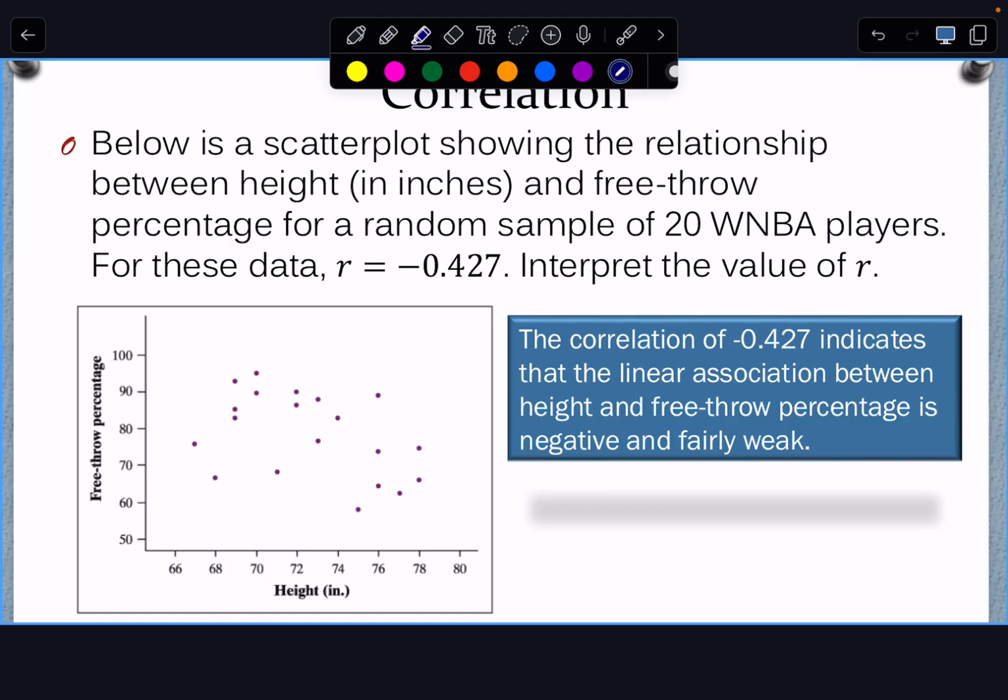So when we have that scatter plot paired with the correlation, the negative part tells us that our association is negative. The fact that it's a value not very close to 1 tells us that it's not very strong. So when we interpret it, that value of negative 0.427 indicates my linear association, and that is important. The linear association between height and free throw percentage is negative, and in this case, fairly weak.